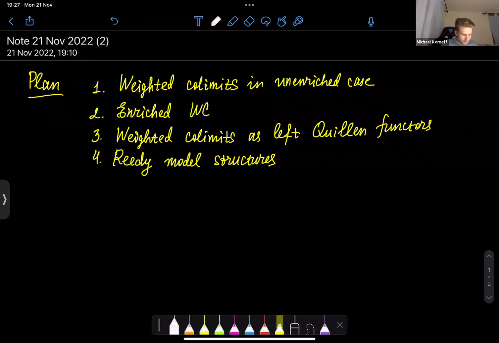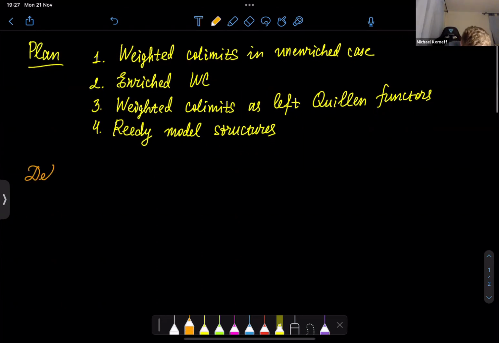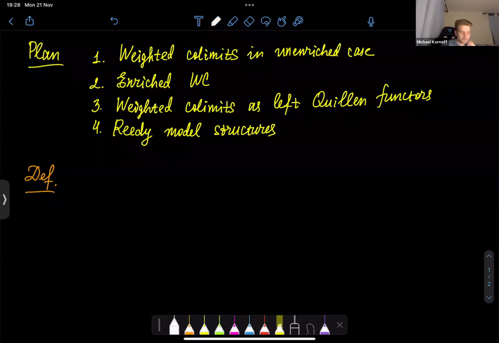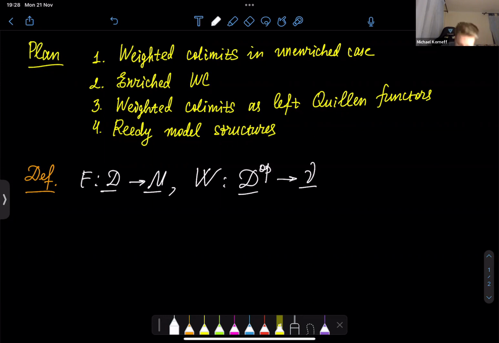Okay. Now I'll give the definition of weighted colimits. If we are given two functors F and W, sorry, it's the enriched case.